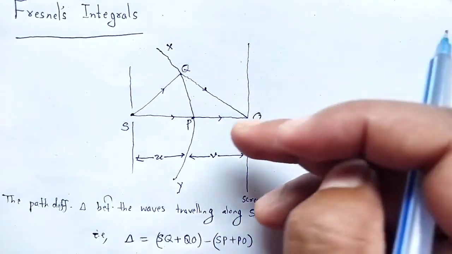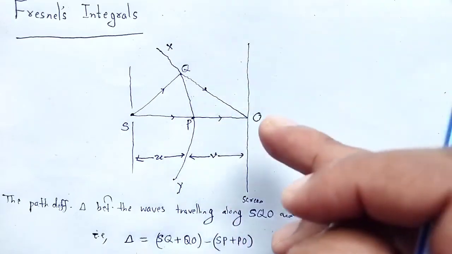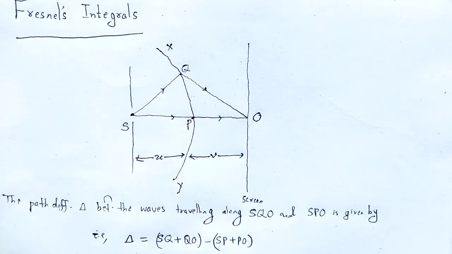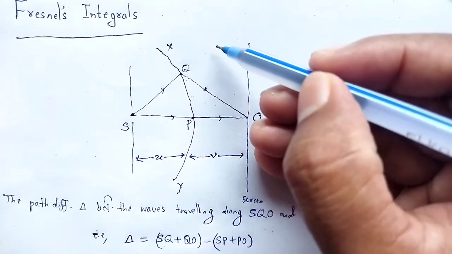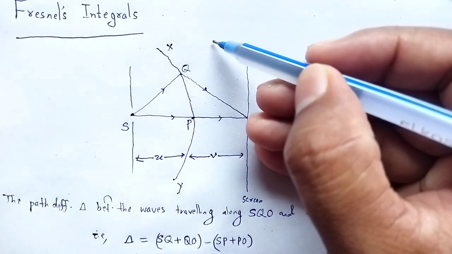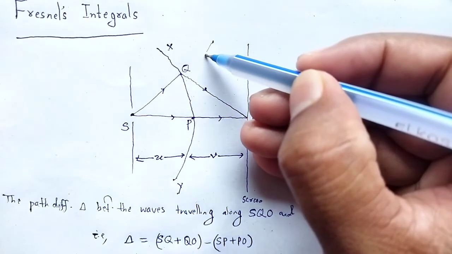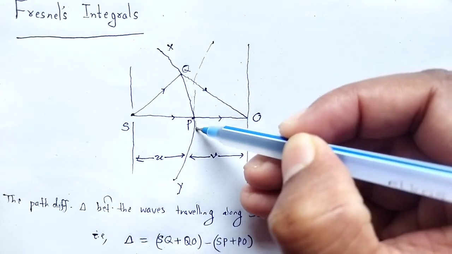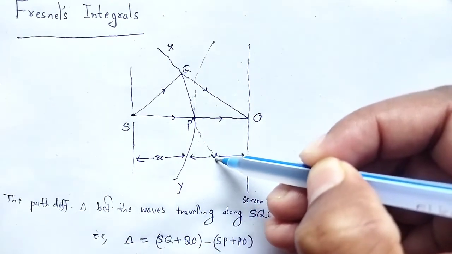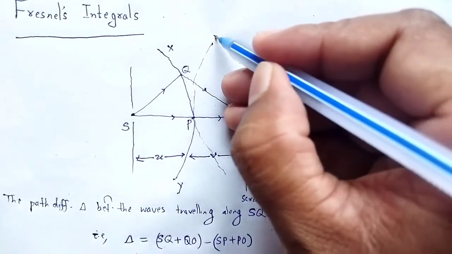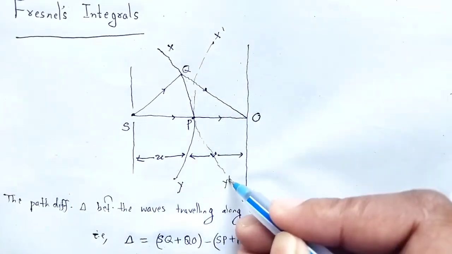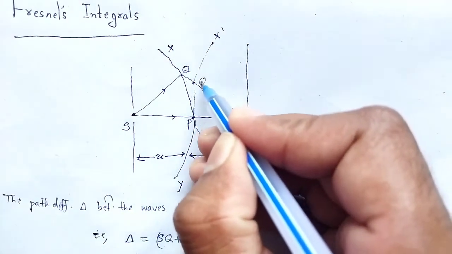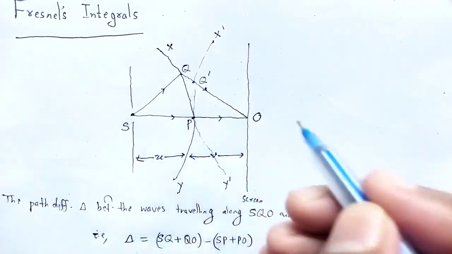Here, if we take S as the source, then another wavefront X dash, Y dash can be drawn this way, with point Q dash.